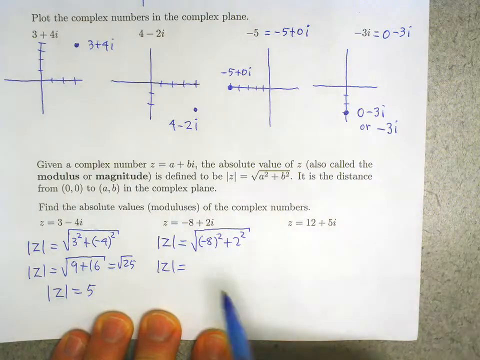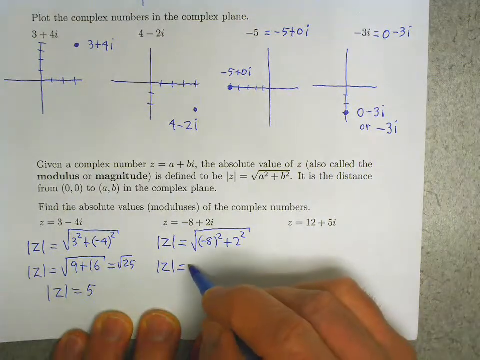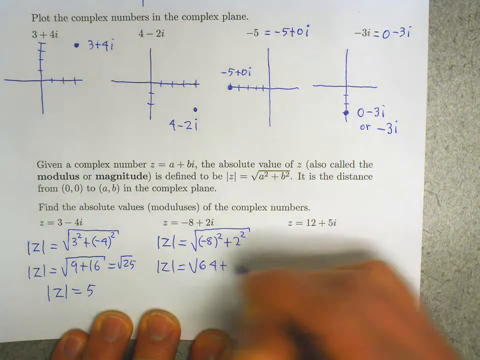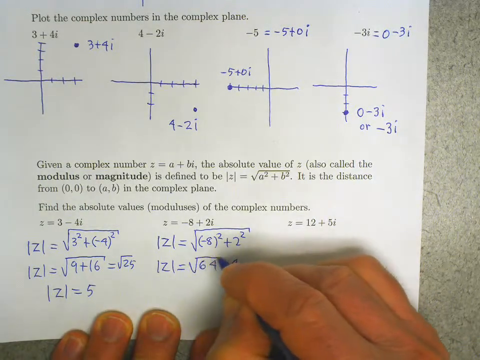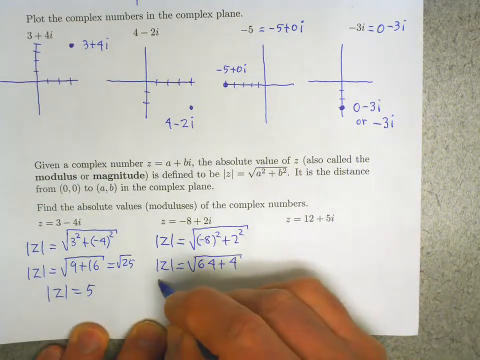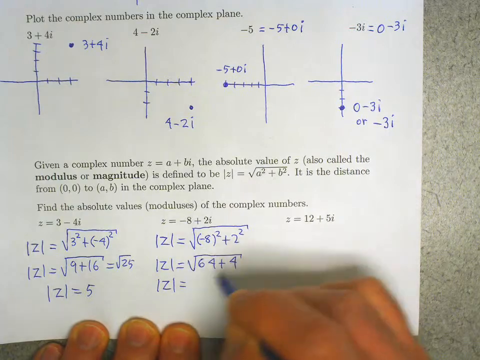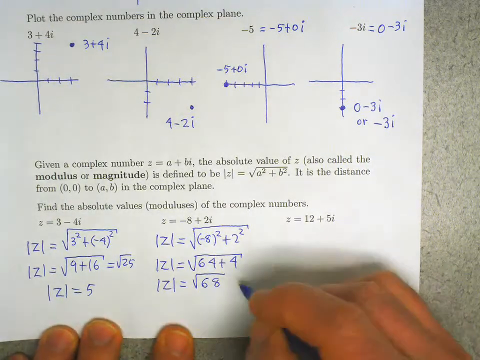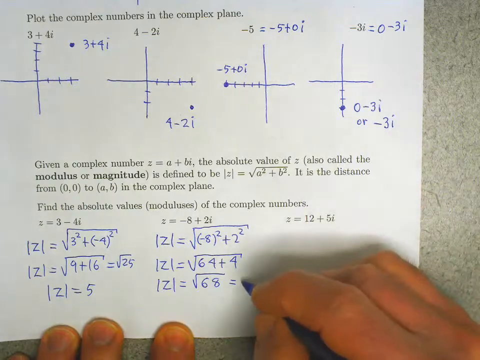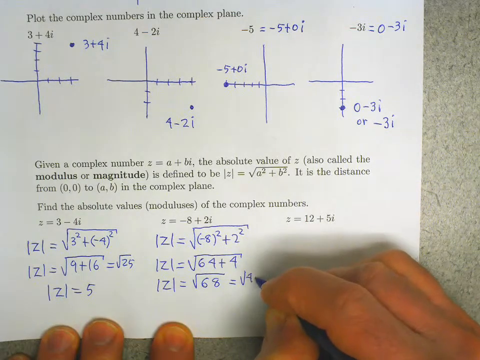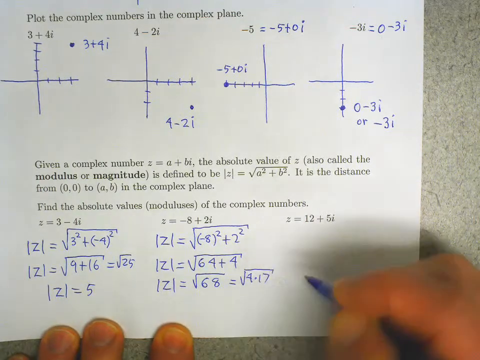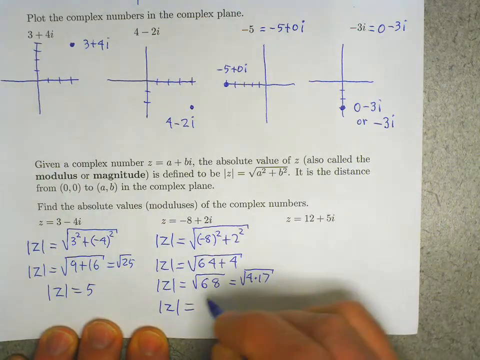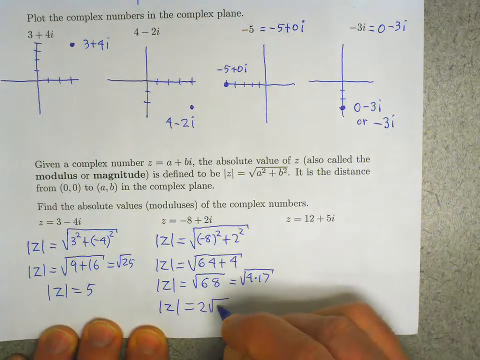And then do the arithmetic. Negative 8 squared is 64 plus 2 squared is plus 4. So we can simplify a little more. The square root of 68 is the square root of 4 times 17. So the modulus is 2 times the square root of 17.